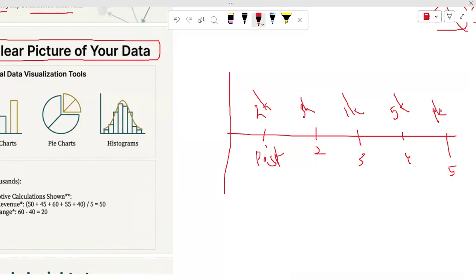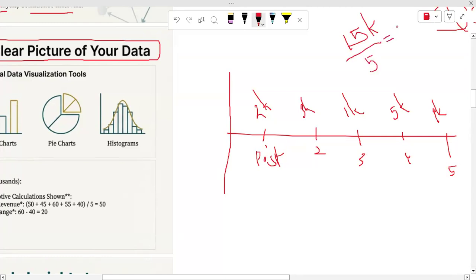3K. How did you find that? Adding all the likes and dividing by 5. Very good. 2 plus 3 is 5, 6, 10, and 15. For all 5 posts, you got 15K likes, and there are 5 posts.